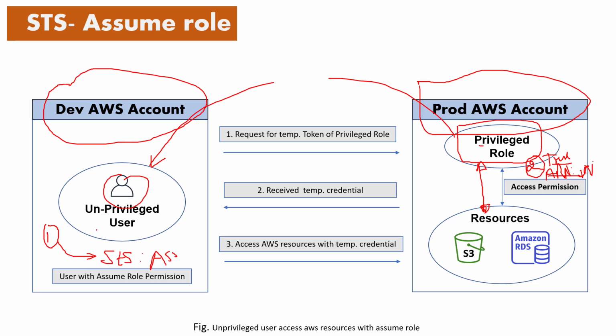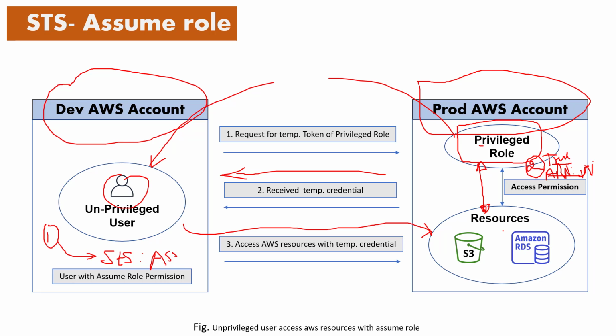Once these two criteria are checked, the role assigns temporary credentials to this user, and once the user gets the temporary credentials, they can access the AWS resources with the same privilege assigned to the privileged role. This is why it's called assume role. These users assume the privileged role and can access the resources for a short period of time, so they can perform any updates and deletions on the production environment.